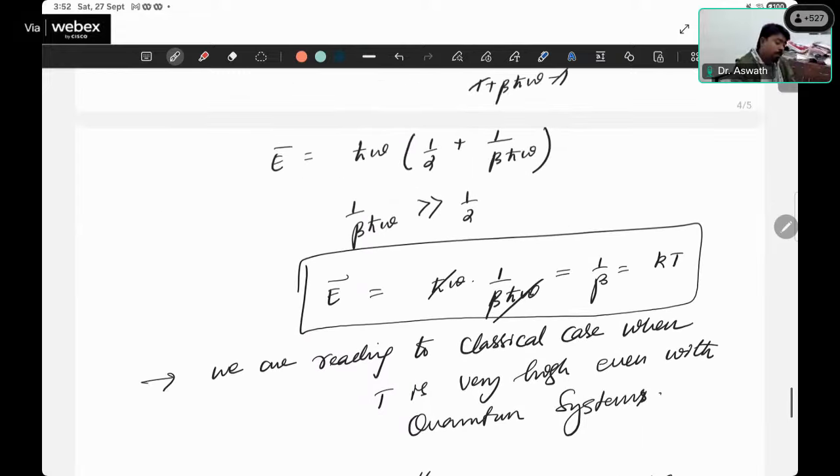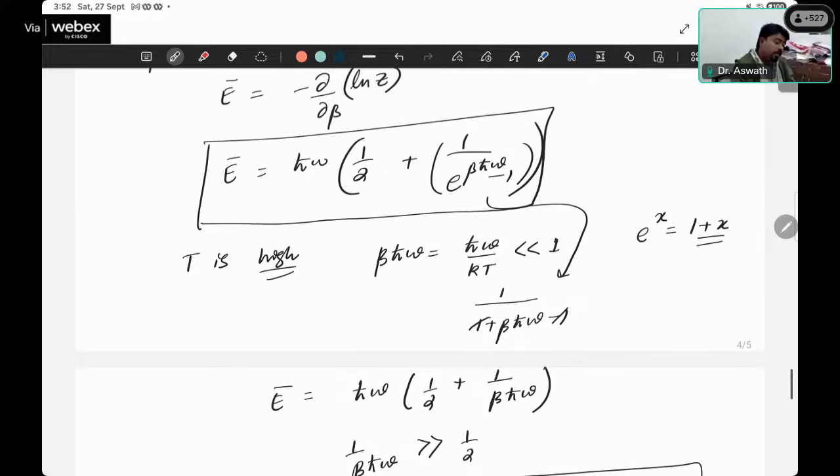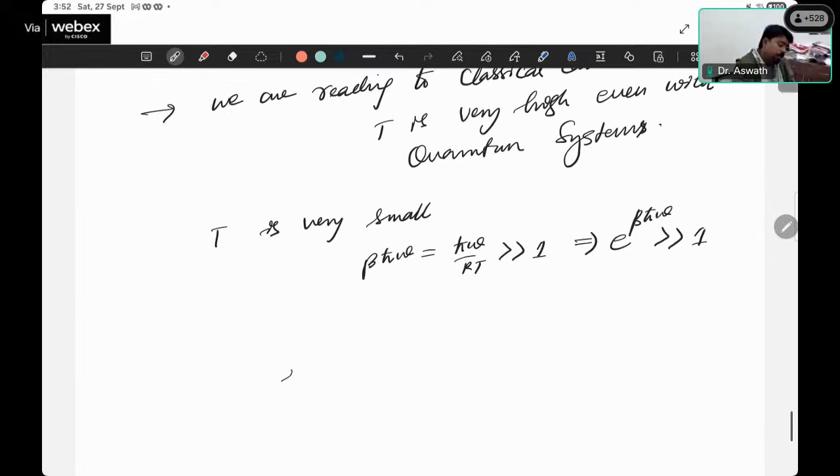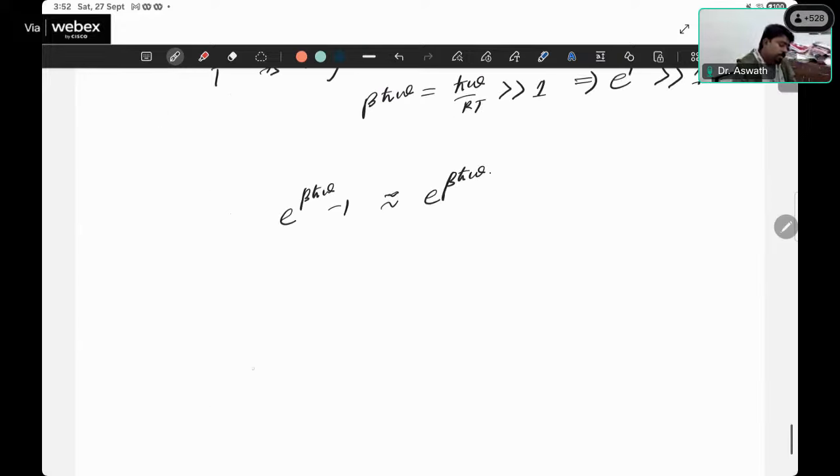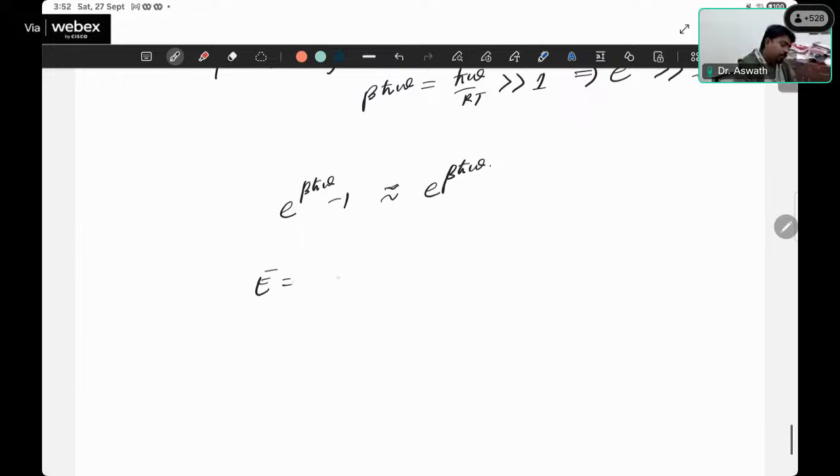Now the denominator, whatever I was having in the denominator, I was having exponential beta h omega minus 1, right? So since this is larger than 1, I'll just simply have exponential beta h omega. So let's take that expression again, which is h omega into half plus 1 by e to the beta h omega minus 1.